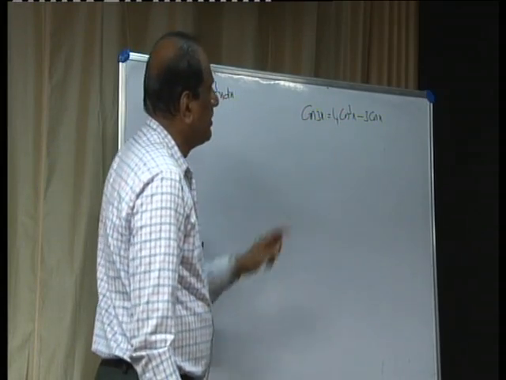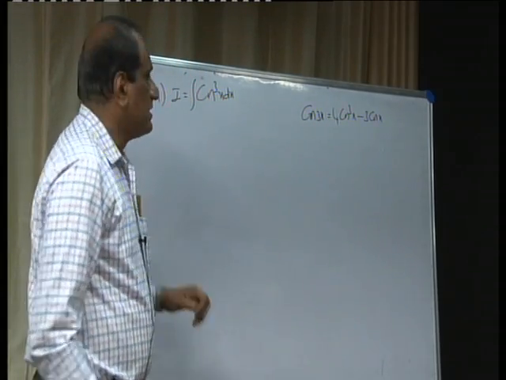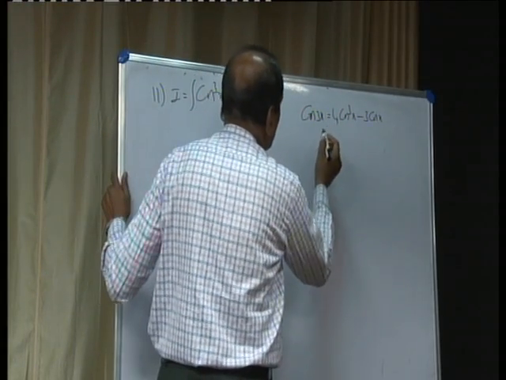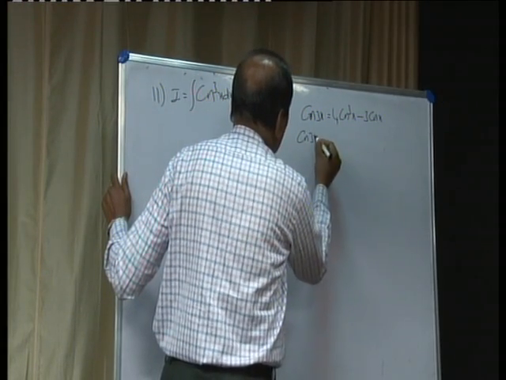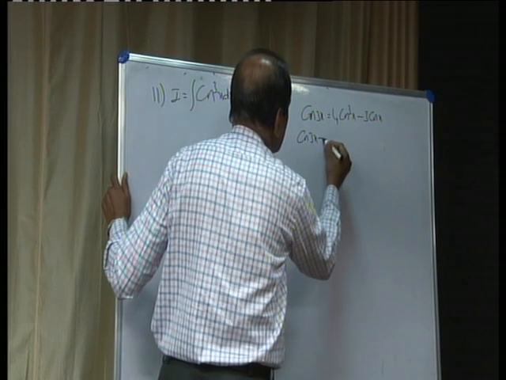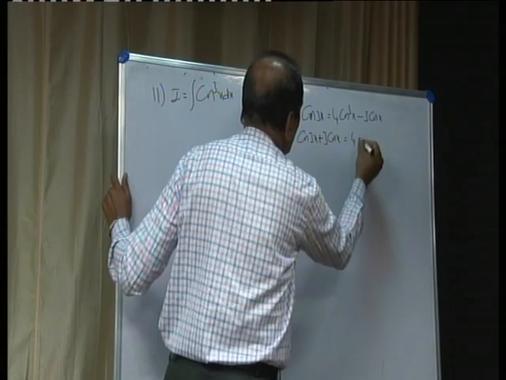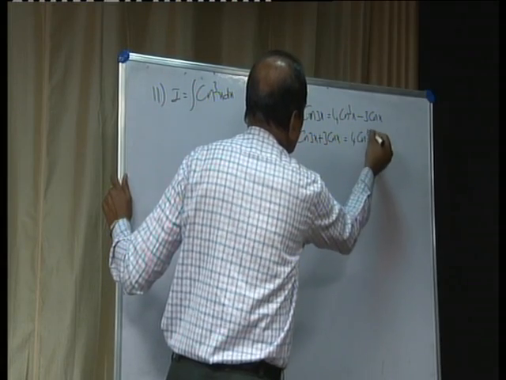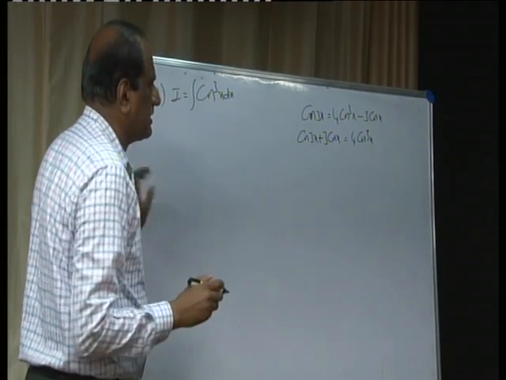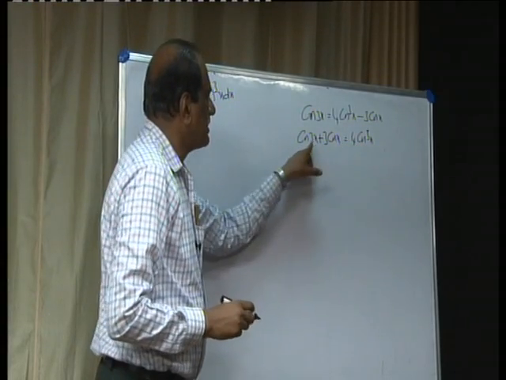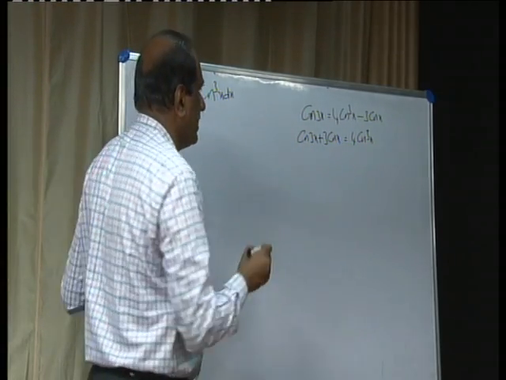Now transfer that minus 3 cos x to this side, so it becomes 3 cos x plus cos 3x is equal to 4 cos cube x. Now we want cos cube x. Here 4 cos cube x is equal to cos 3x plus 3 cos x.